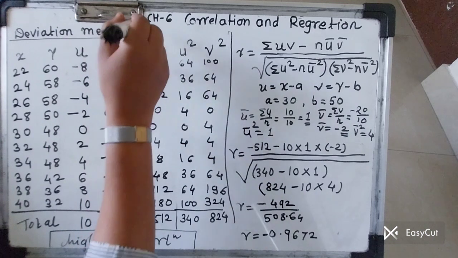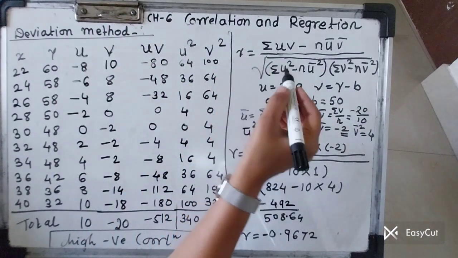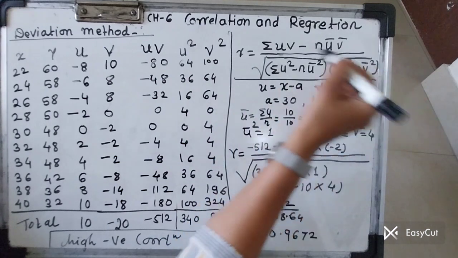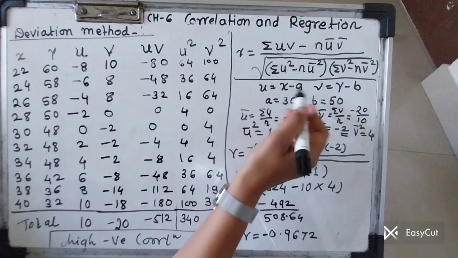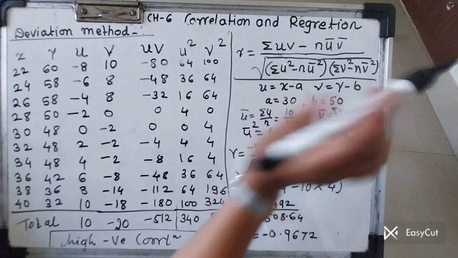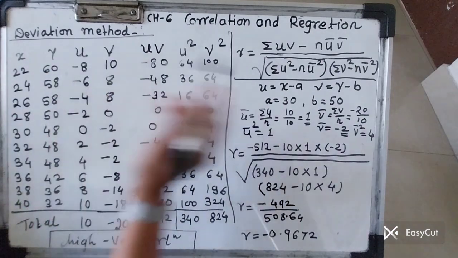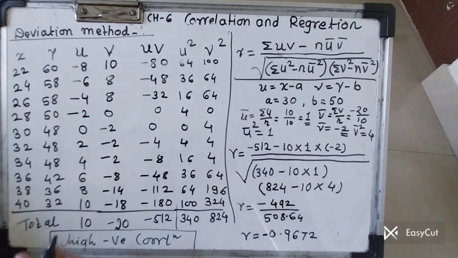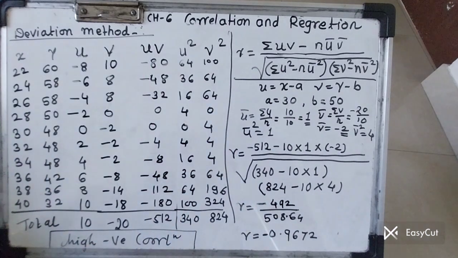Okay, clear? In the deviation method, formula is same, but only instead of X and Y, we use UV here. And what about U? U is X minus A and V is Y minus B. What is A? A assumed from X values and B assumed from Y values. This is example for deviation method.